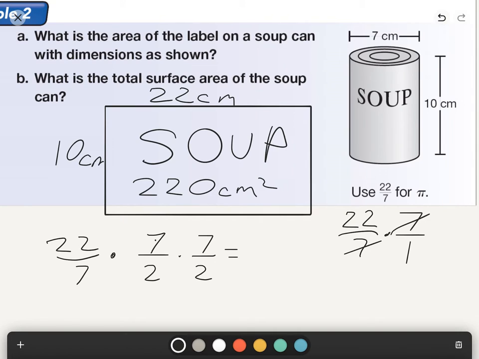All right, so then you can do a little bit of cross-canceling. We can eliminate these, and that essentially gets us to 77 halves.